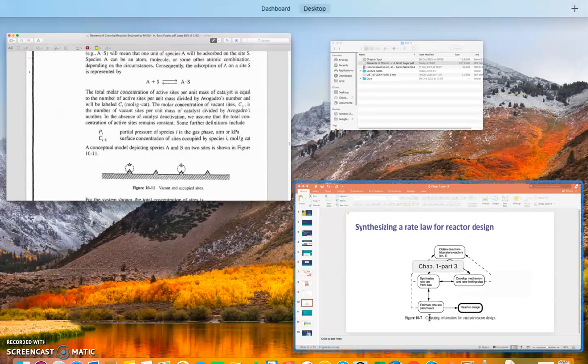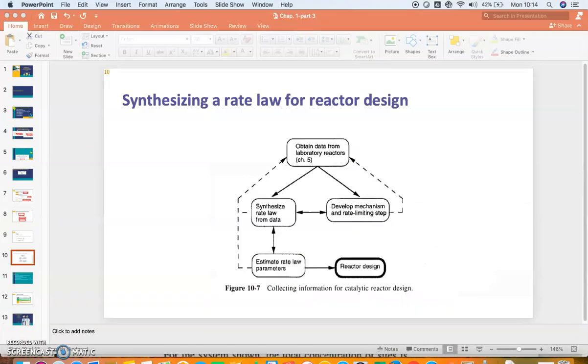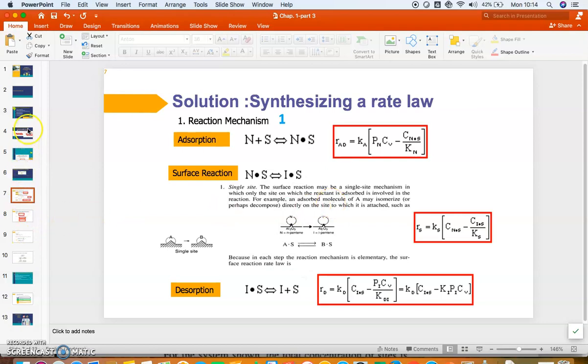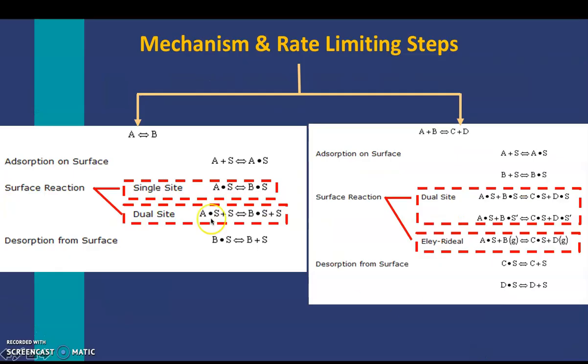If you refer to my slide, for the reaction A to B, this is how the mechanism would be. For A to become B, first it will attach on the active site, so it becomes A·S. Only then does it go to the surface reaction for A to convert to B. It is either single site or dual site, and I will elaborate more on this.